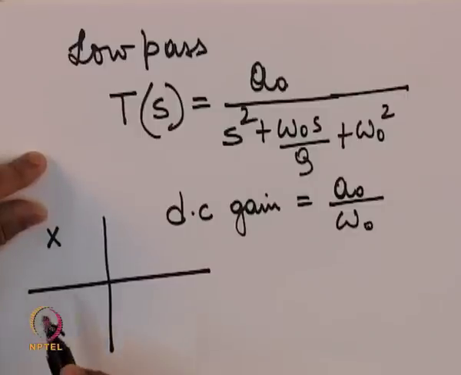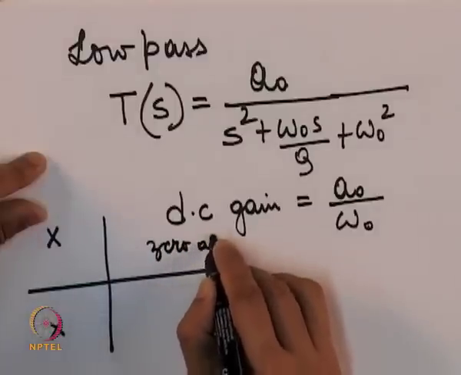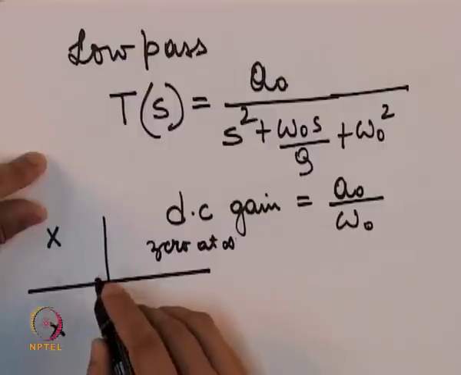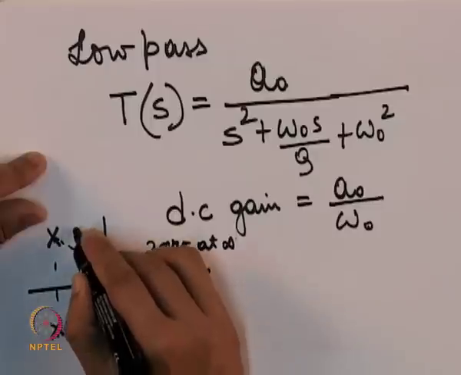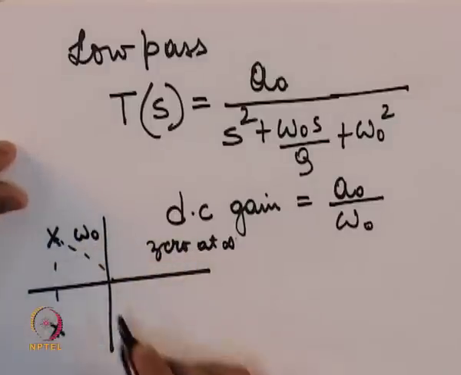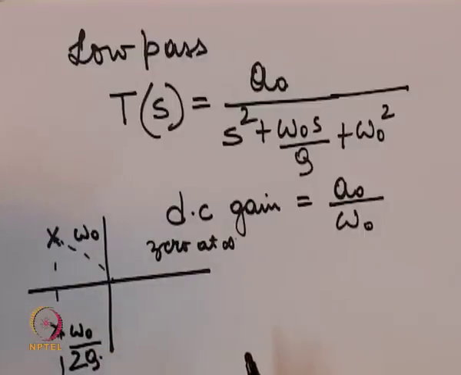So, the poles are at this position, 0 at infinity. This radial distance of the pole from the origin is omega 0, and the horizontal distance from the y axis for both is like this. Okay.